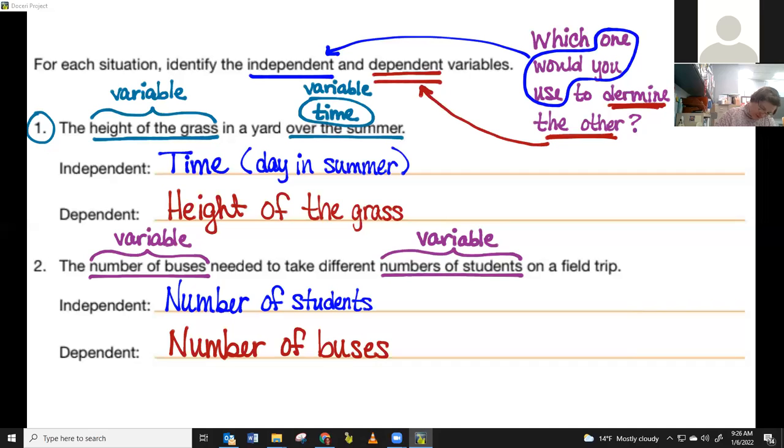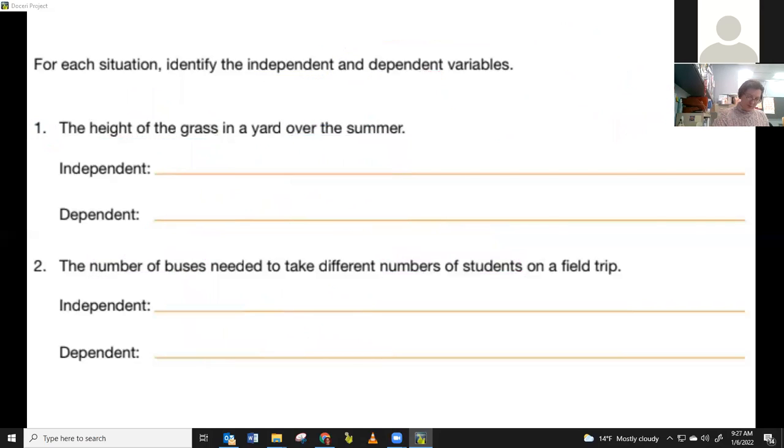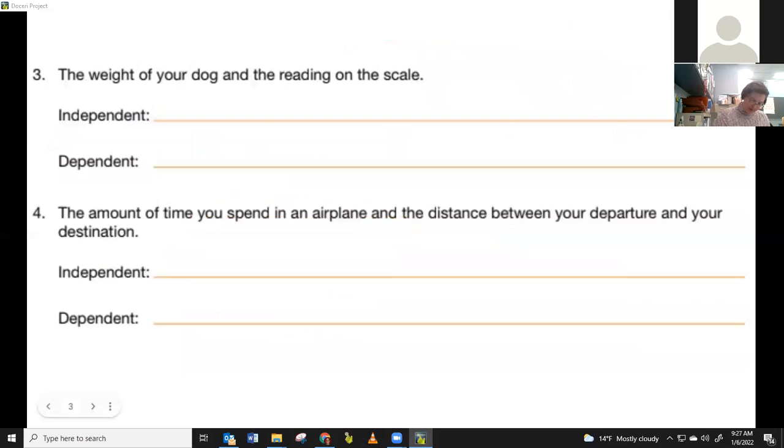All right, I'm going to put up another couple examples. We're just going to keep practicing with this independent dependent. So first we're going to do, just like before, figure out what are the 2 variables, and then we're going to vote on which one that first variable is. All right, I've got 2 more examples up here.